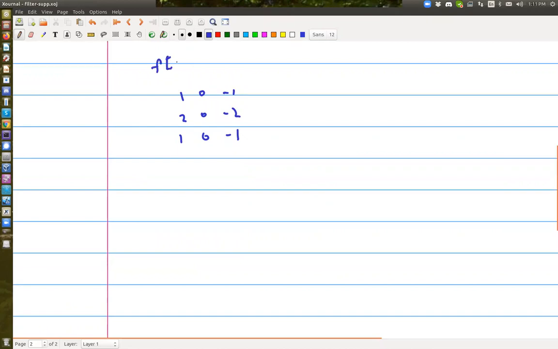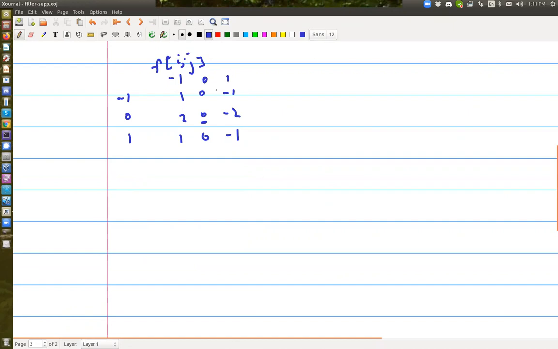So I have the F ij component is basically this. My index can be minus 1, 0, 1, because I want to make the center here 0, 0. So I have index minus 1, 0, 1, and this is minus 1, 0, 1.